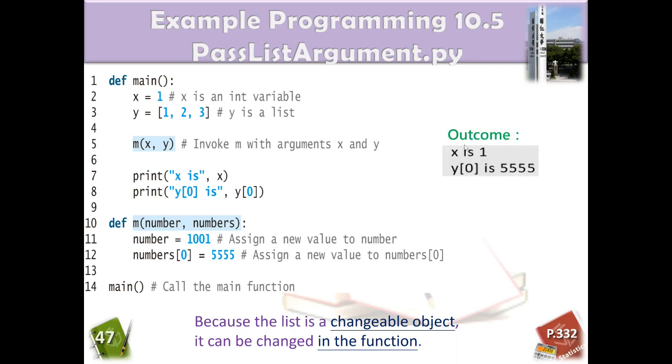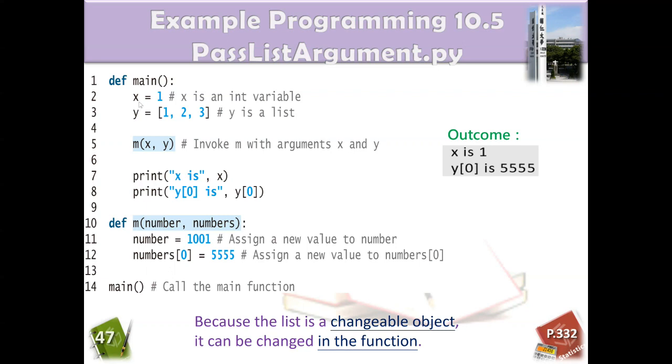The outcome, x is 1, right? Because we have learned that before. No matter the variable through a function, right? It assigns a number to the variable, but actually it will not change the variable itself.